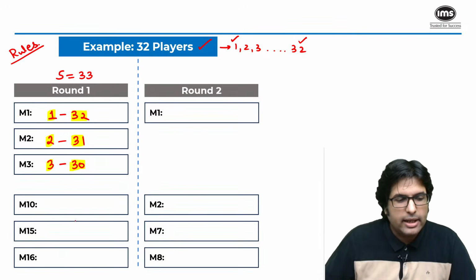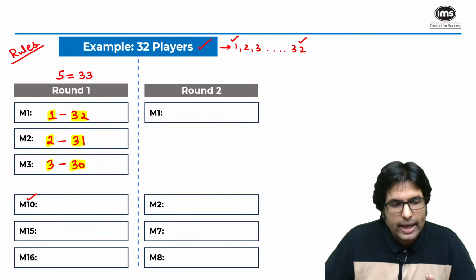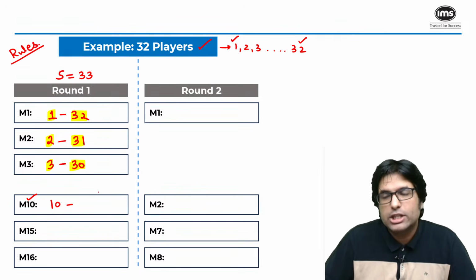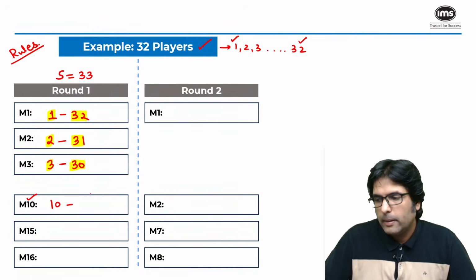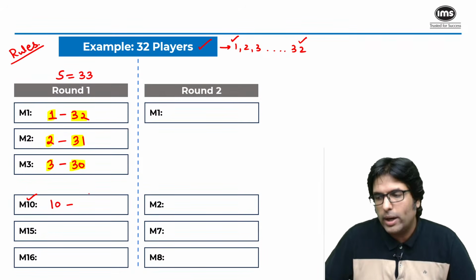If this is clear, then can you quickly tell me in chat, the player ranked 10 would play a match against which player in round 1?